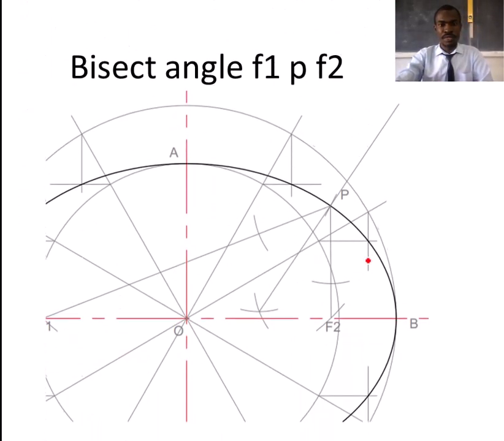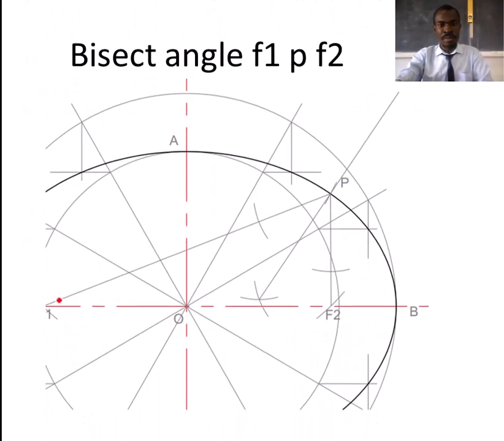Once you do that, you bisect the angle made by F1, P, F2. The line to point P and the line from point P to point F2 will make an angle. So what you do is you bisect that angle.